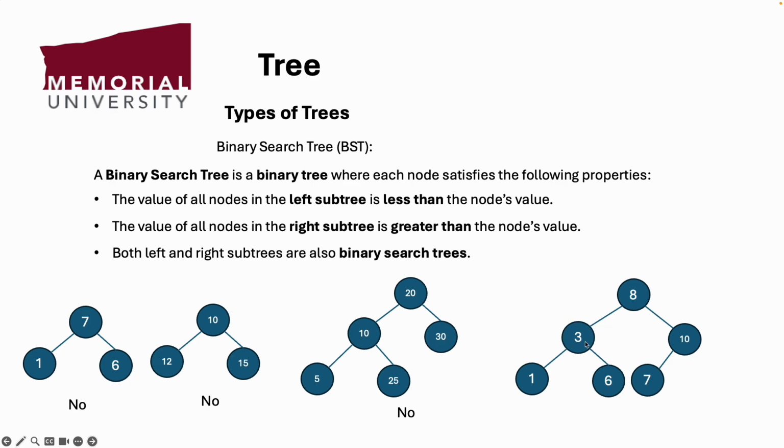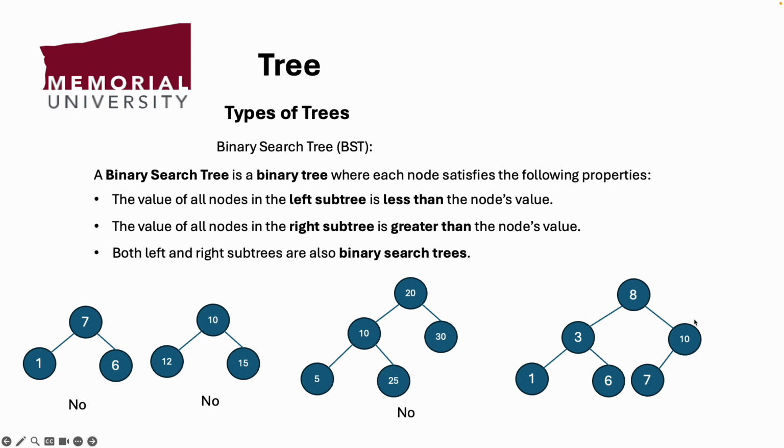Let's go to the left subtree. For node 3, the left child is node 1, which is less than node 3. The right child is node 6, which is greater than node 3. And let's check the values of all the nodes in the left subtree: 1, 3, 6, which are less than node 8. So the left subtree satisfies this property.